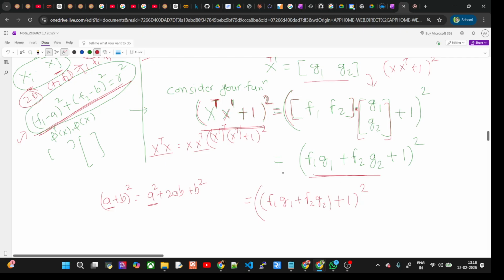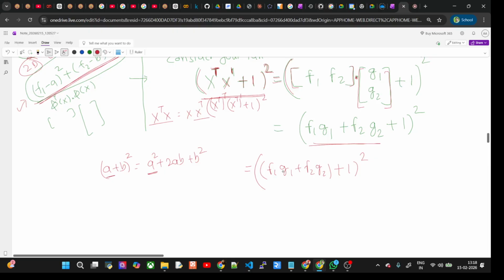If I do the calculation, finally I will get f1 g1 plus f2 g2 whole square plus 2 into f1 g1 plus f2 g2, then into 1, I need not write that, plus 1 square, which is 1.